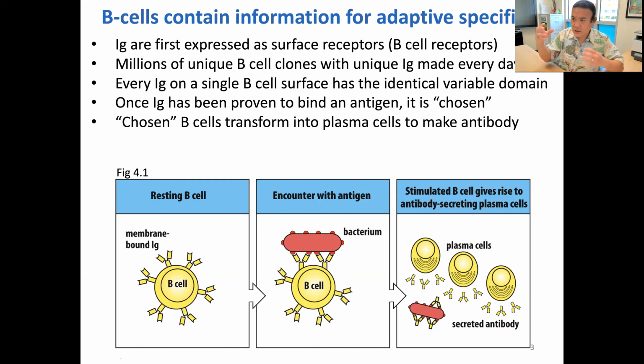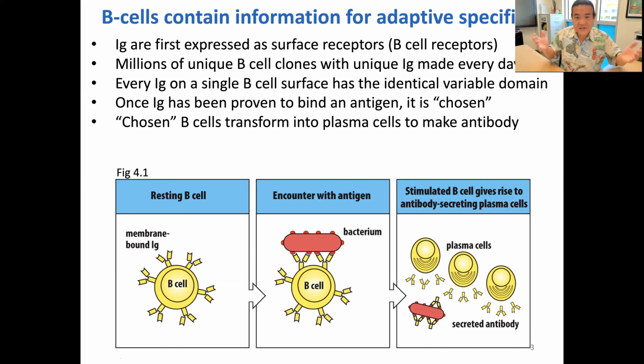So once you have a B cell that's floating around and it encounters antigen, for example, on the surface of this bacteria here, that just by chance its immunoglobulin has a good enough or close enough fit to bind, then we say that immunoglobulin, and therefore the B cell that knows how to make it, is chosen. I mean, chosen is not a very technical term, but that's essentially what it is. You have hundreds of millions of B cells floating around.